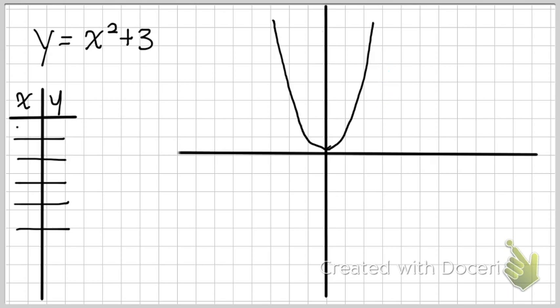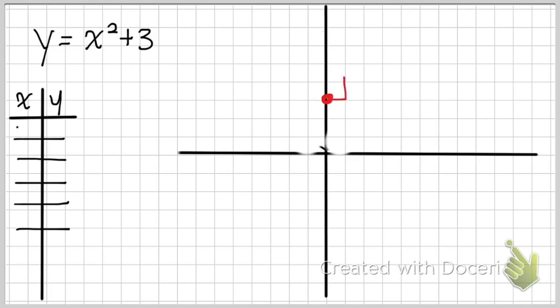So let's go ahead and see how we would execute that. Now that we have the understanding, we're going to go up 1, 2, 3 units, and that's where our vertex is going to be. Our vertex was at the origin, but now the vertex is up 3 units. And from there, if you go back and look at that x squared that I had, I did have 4 specific points.